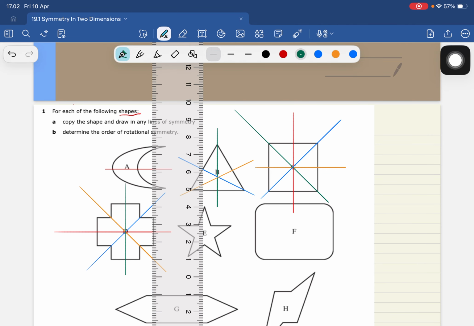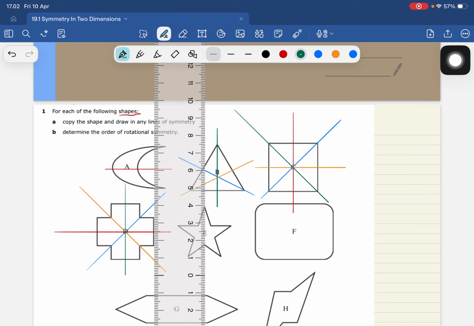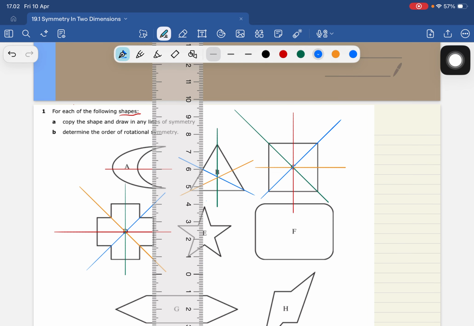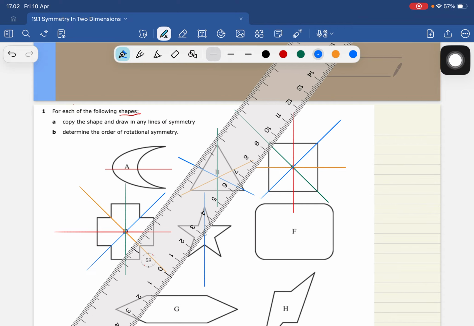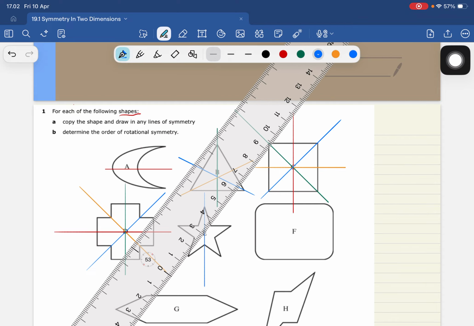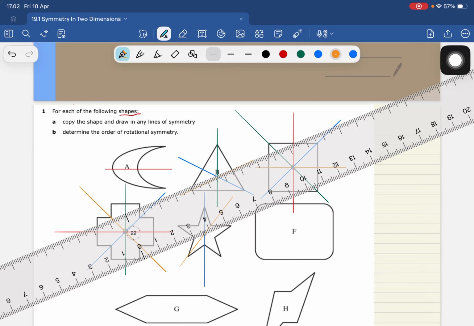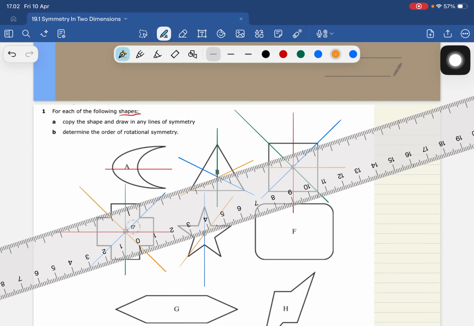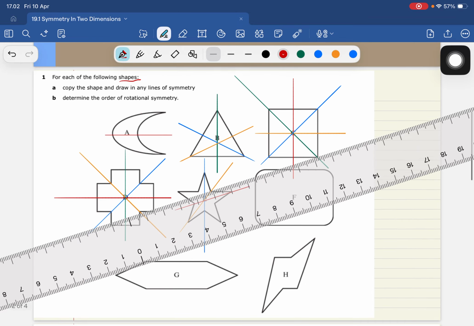Next, for the star. This is quite a lot. So let's start from here. When we cut it, it's going to be symmetry line 1. Next, from here we got 2. Next, from here we cut it, 3.